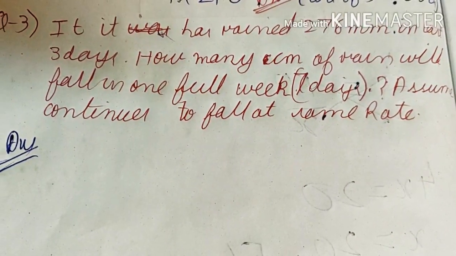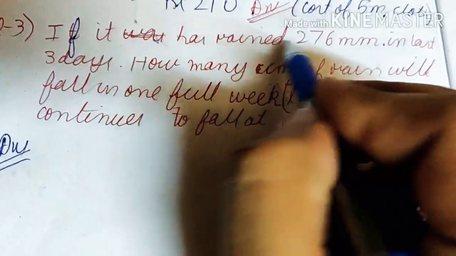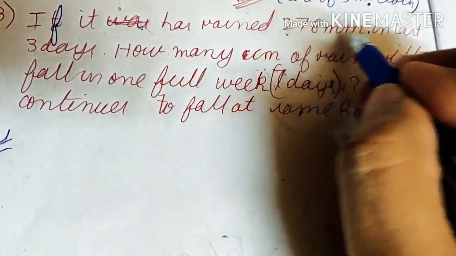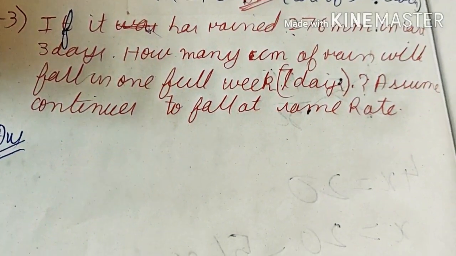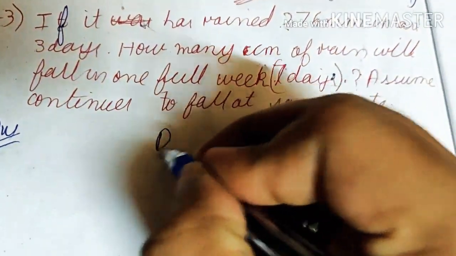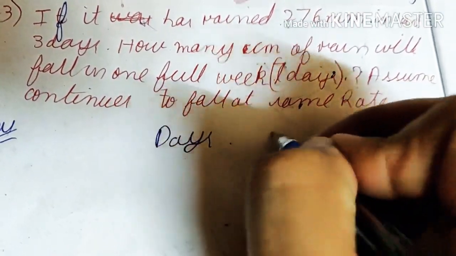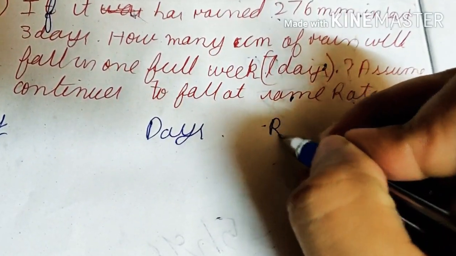So our next question is that it has rained for 276 mm in the last 3 days. We will construct a table here also, with number of days and rain.